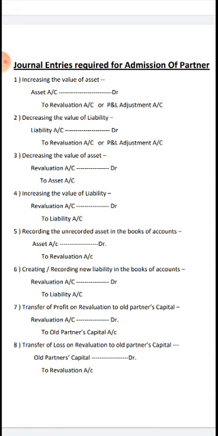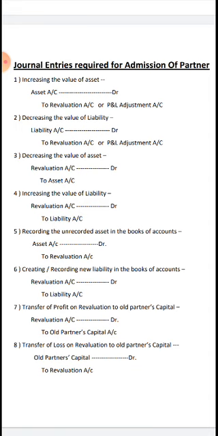Because of the unrecorded asset, the value of asset will increase, and the asset should come into the books of accounts. So the asset should get a debit balance. So the journal entry is asset account debit to revaluation account.